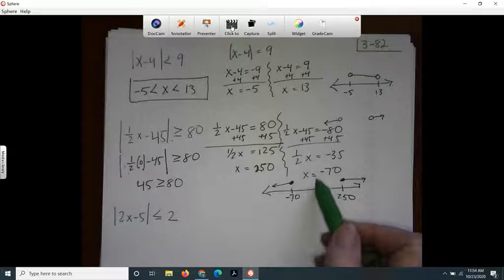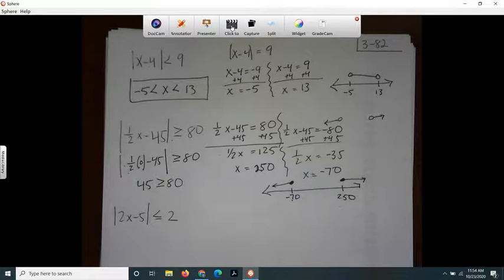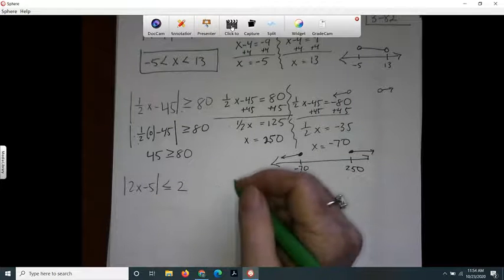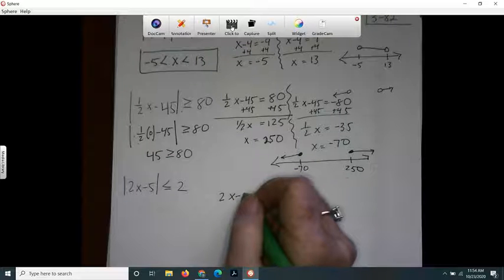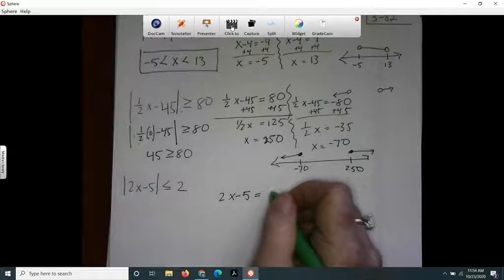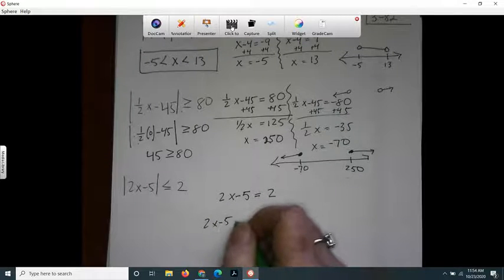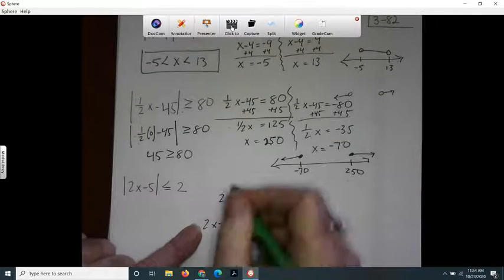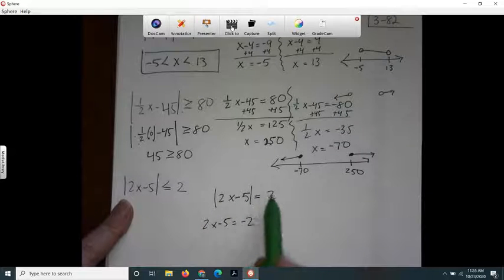Okay, so let's do one more. So this one I like to write it both ways. I'm going to write 2x minus 5. Well, first of all, I'm going to write it as an equality. And then I'm going to go 2x minus 5 equal to negative 2. Because the absolute value of this can either be 2 or negative 2. Because if it was negative 2 inside there, it would still be equal.